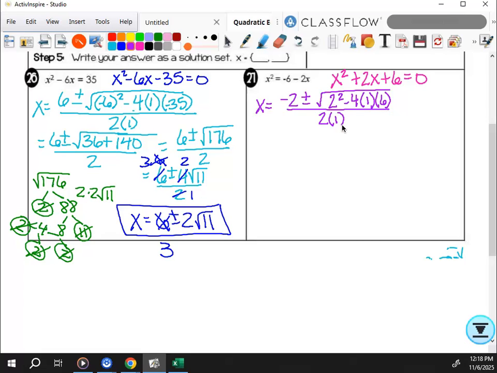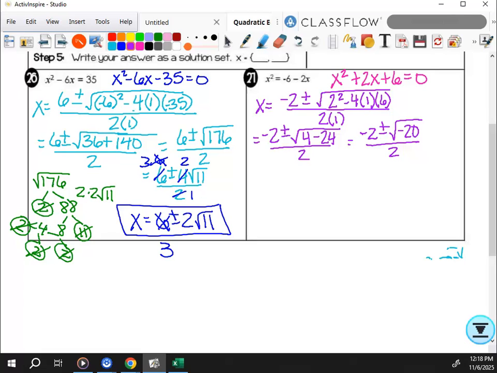And just substitute it in so you get all the signs in there correctly. So then we get negative 2 plus or minus the square root of 4 minus 24 all over 2, which is going to give me negative 2 plus or minus the square root of negative 20 over 2.